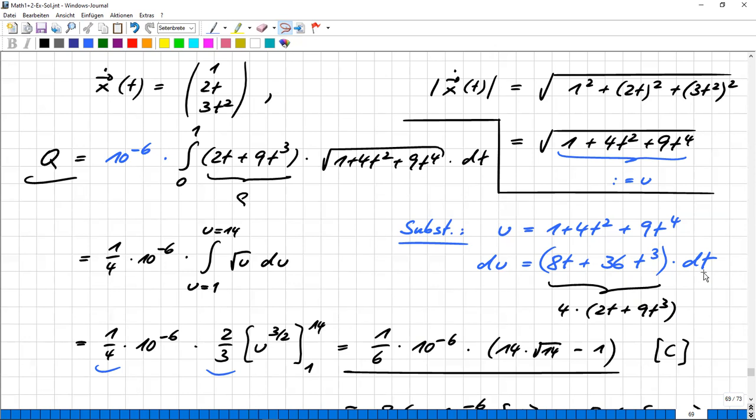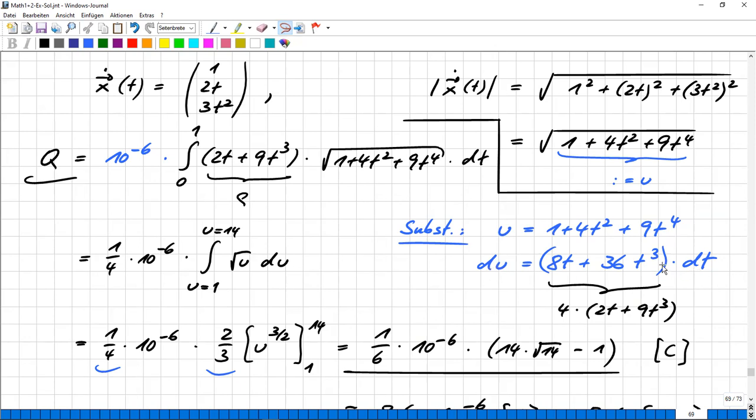You remember from integral calculus how to do this. U gets du, term gets differentiated, one additive constant disappears. 4t squared differentiated gets 2 times 4 times t, so it's 8t, plus we get 9 times 4 times t cubed when differentiating, and 4 times 9 equals 36, so we get 36t cubed, and then times differential dt. So you could say this is the derivative of u as a function of t, but then with separated differentials. Why do we do this?